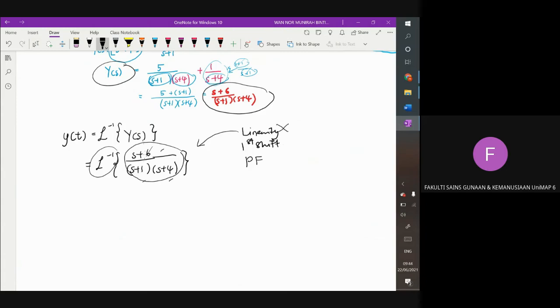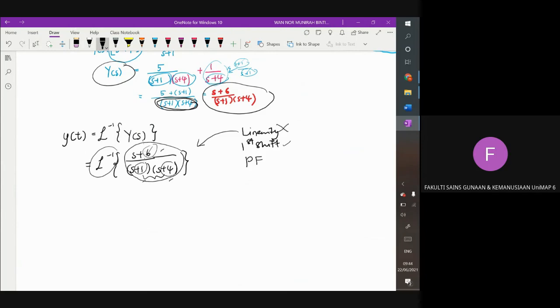So we go for first shift. You can see this one is shifted by negative 6, this one by negative 1, and this one by negative 4. But the problem is that this has a product. So you cannot do the first shift unless you expand this function and complete the square.